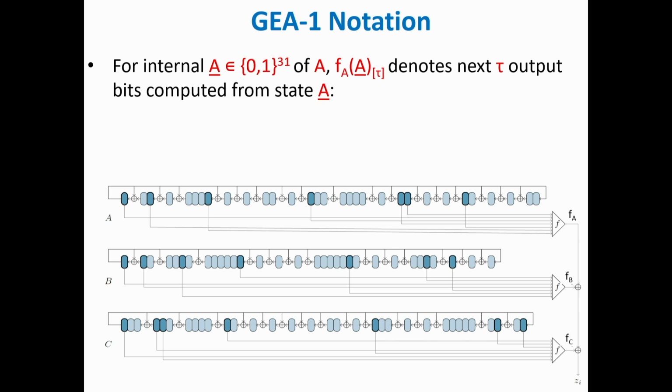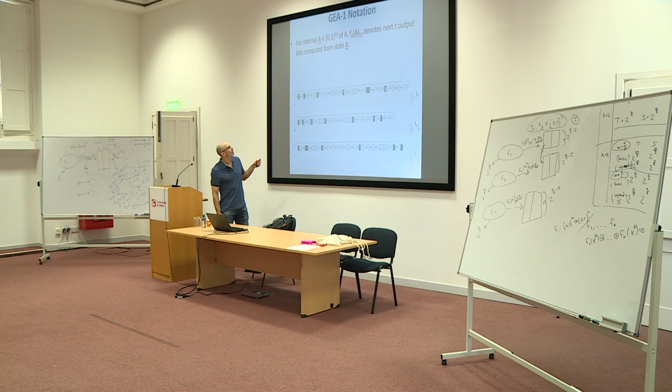Let's take an internal state of register A. It's 31 bits, and we'll define a function fa applied to some internal state a, and let's assume we're only interested in, say, tau bits. That basically denotes the next tau output bits computed from this 31-bit internal state.